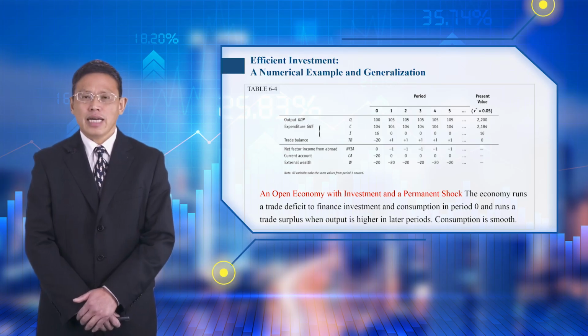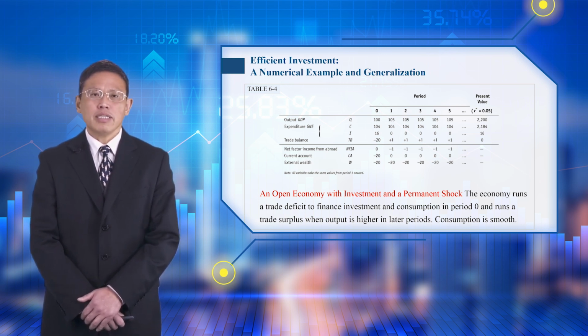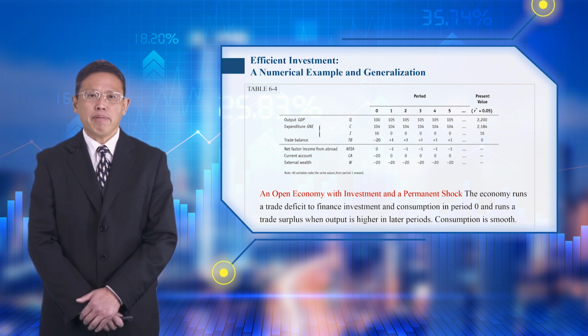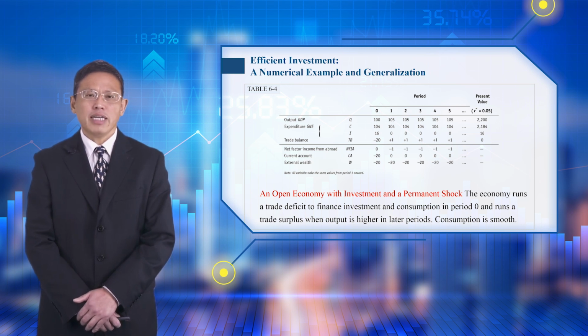Looking at that LRBC, we have calculated the present value of output, 2,200, and now we have the present value of investment, 16. We can see that the present value of consumption must equal 2,200 minus 16, or 2,184. This is 4% higher than it was without the investment.